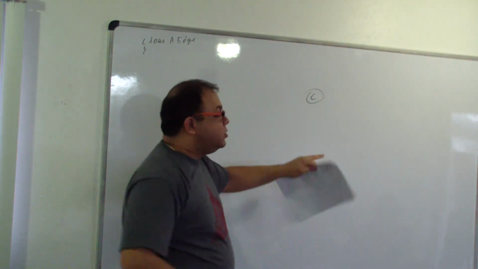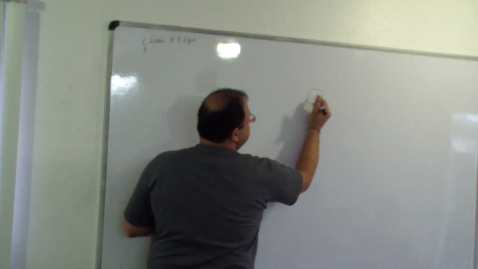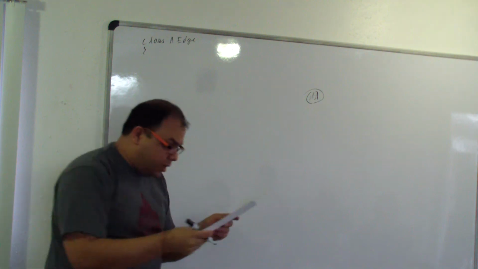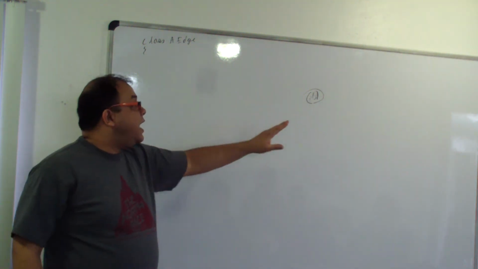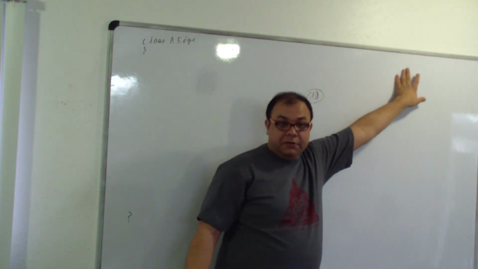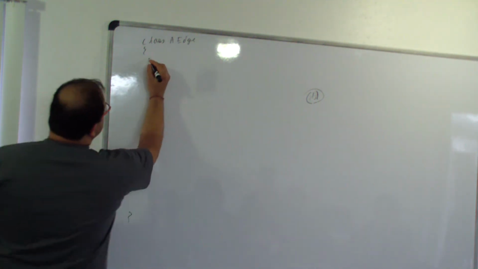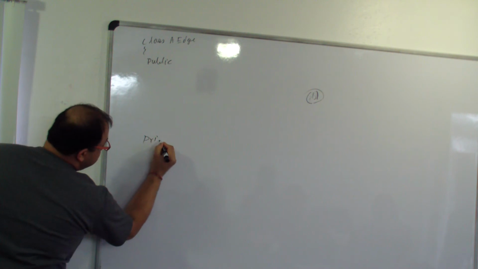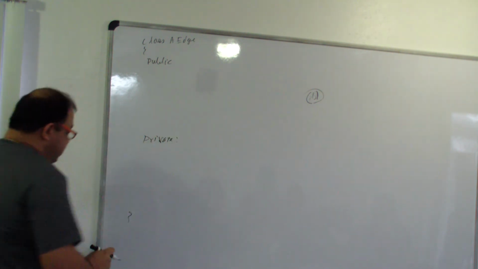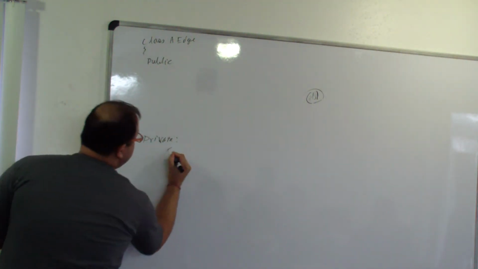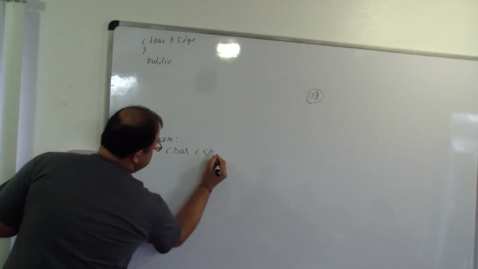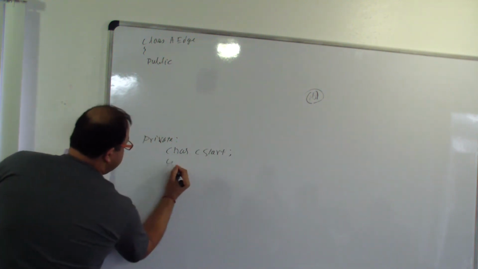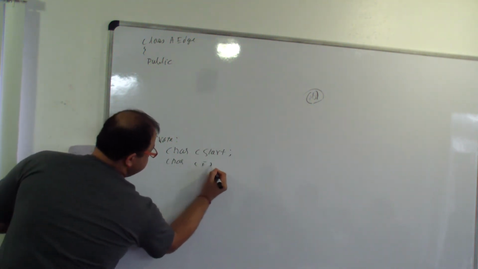Okay. So a character, let's say A. A is an identifier. So an edge has a starting and an end. So we will write public and private. In the private section, we will have a character C start and a character C end.